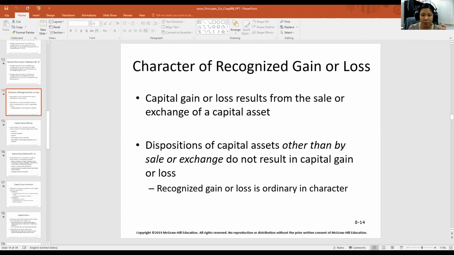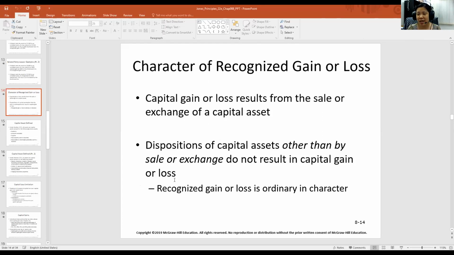If you dispose of your capital assets other than by selling or exchanging, it will not result in capital gain or loss. Remember in accounting we learned about disposing of assets.